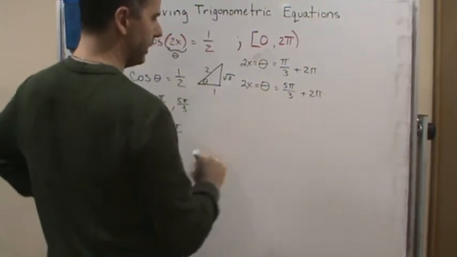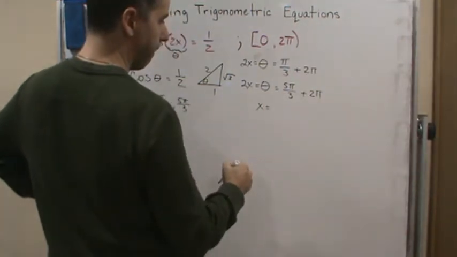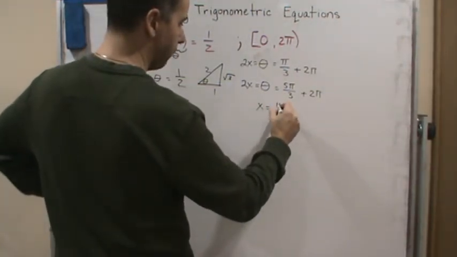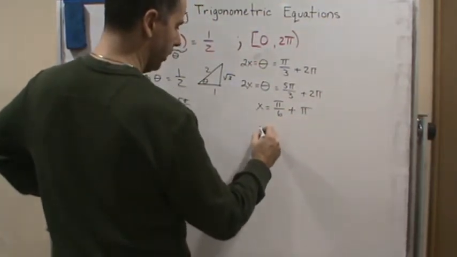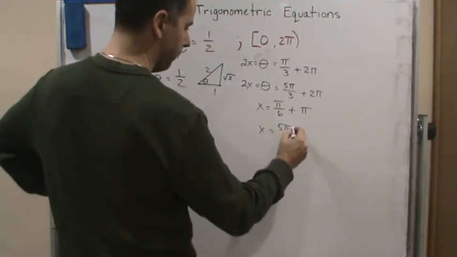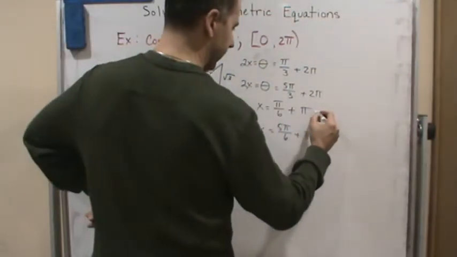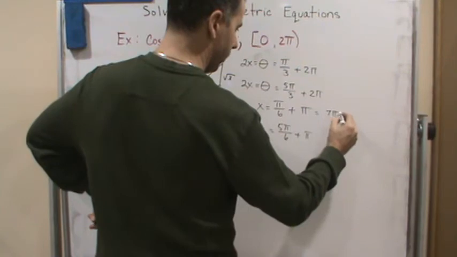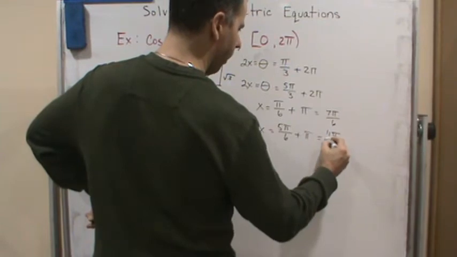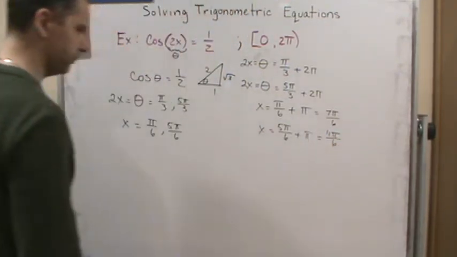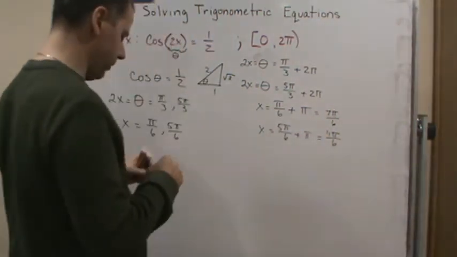And if I divide everything by 2, then I get x is equal to what? I get x is equal to pi over 6 plus pi, or x is equal to 5 pi over 6 plus pi. And so this is going to equal what? 7 pi over 6, and this is going to equal 11 pi over 6.